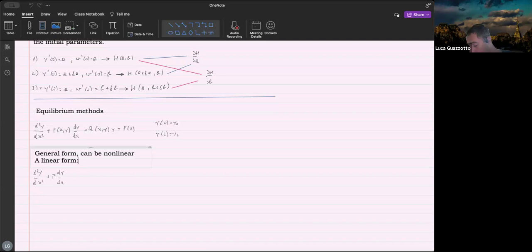It doesn't need to be, but I want it to be linear. I'll be more explicit on why; we'll see in a moment why that is necessary. Actually, there are various ways to solve this type of problem, but let's assume that we do what we've been doing so far.